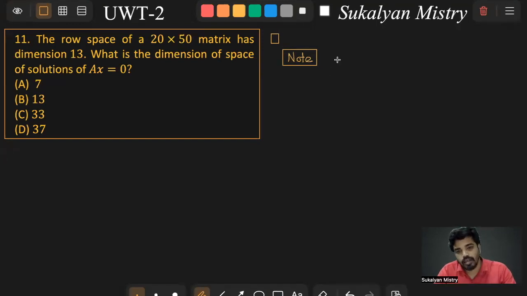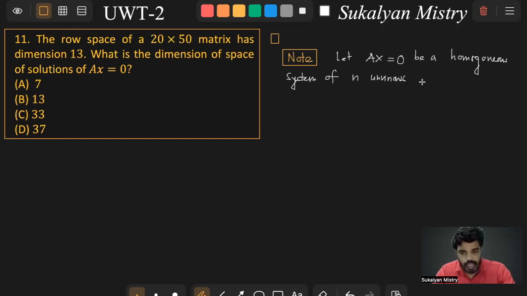Let AX is equal to 0 be a homogeneous system of n unknowns, and let XA be the solution space of the system.